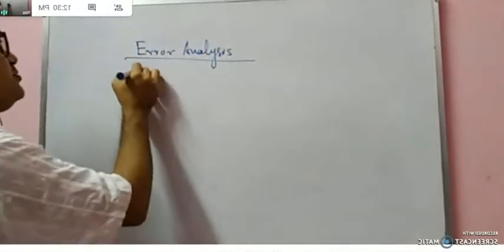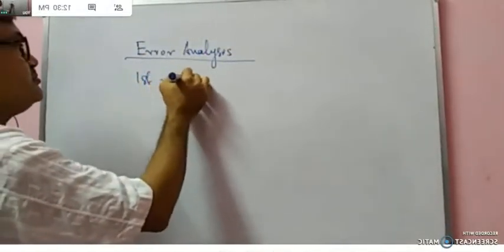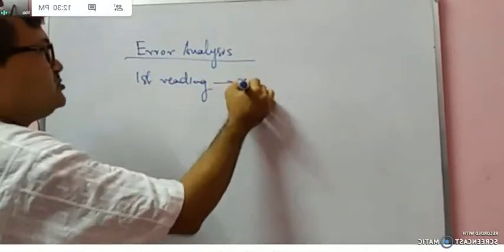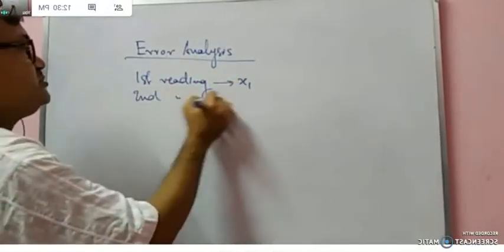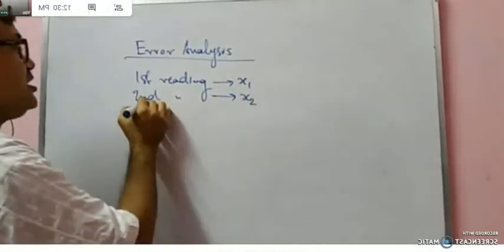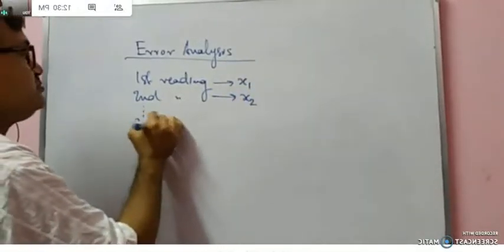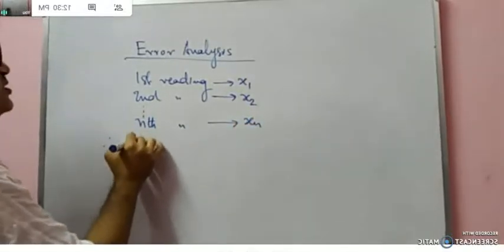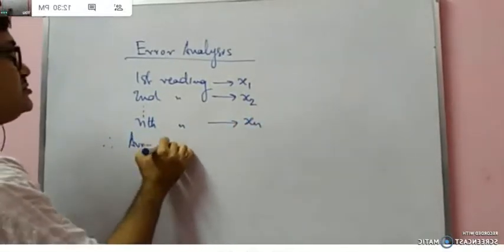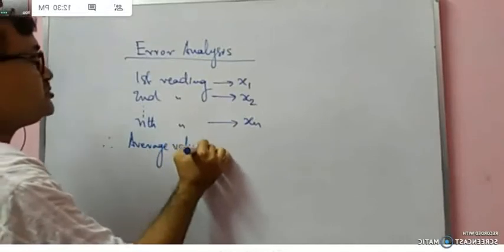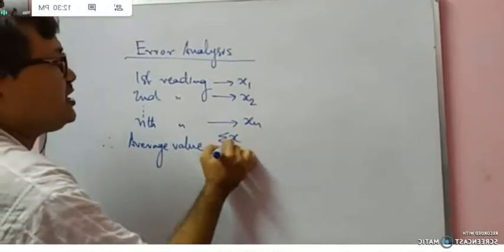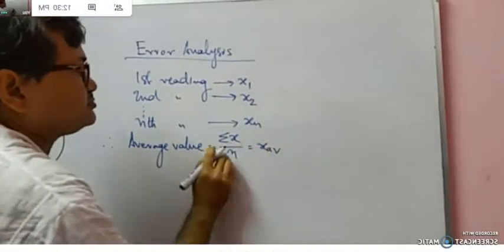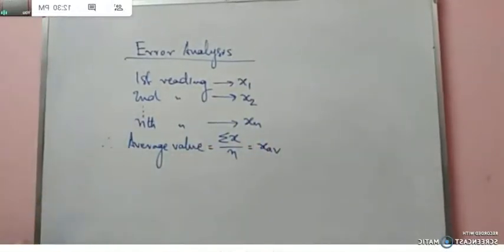Suppose first reading is x1, second reading x2, and in this way nth reading is xn. Therefore average value is summation of x by n, which is our x average.